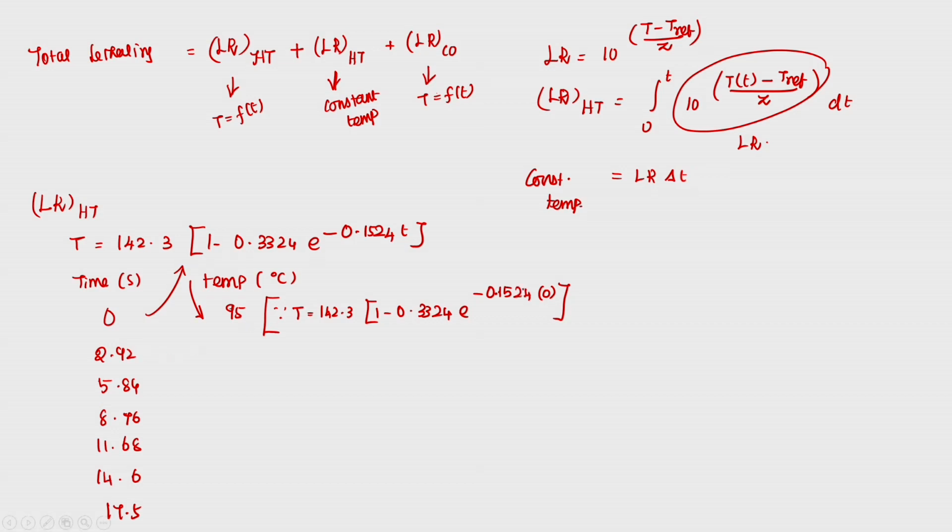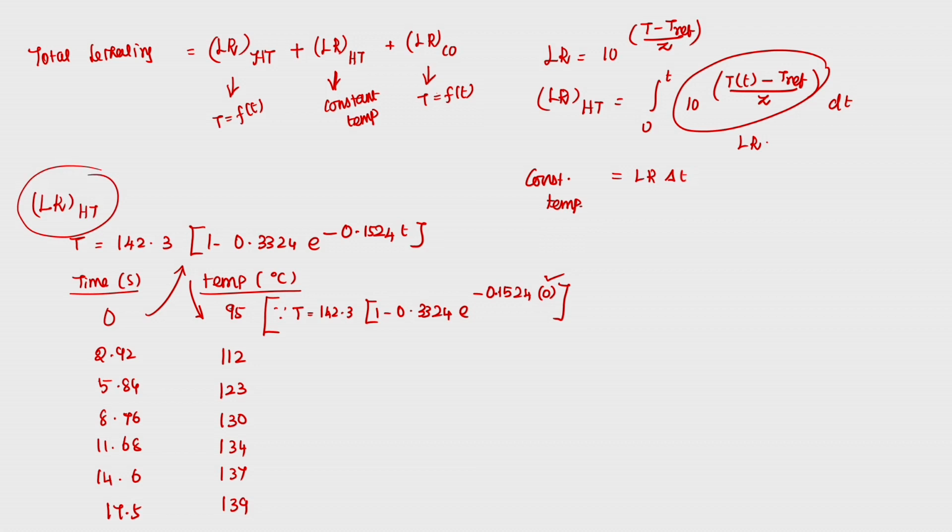For 2.92 I will substitute 2.92 and get the required temperature, and 5.84 I will substitute here and get the temperature. If you do the calculations, you would be getting 123, 130, 134, 137 and then 139. So, I got the time versus temperature relation using the equation given for the HT section.